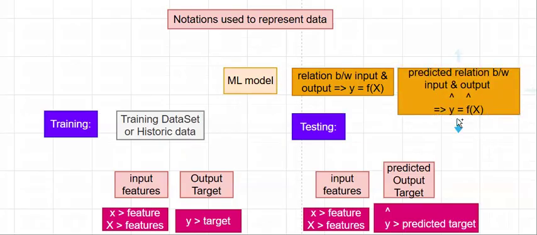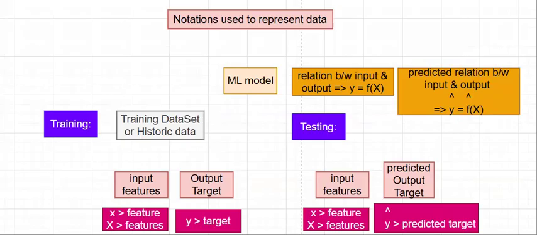That's why we represent the output by using y cap. So for passing the input features x to our model, where this function represents our model, our model will provide us the predicted output, nothing but the y cap.